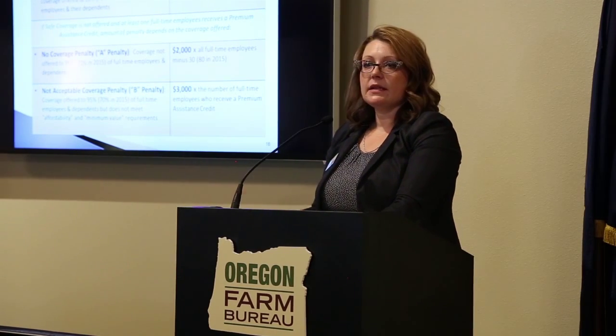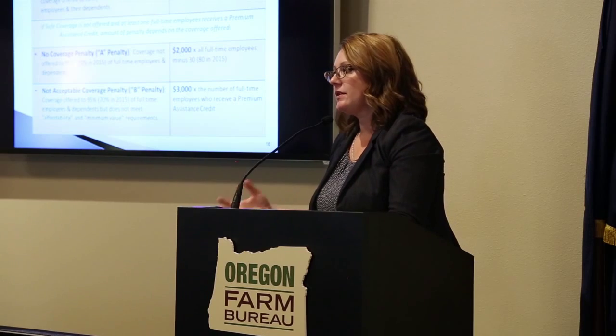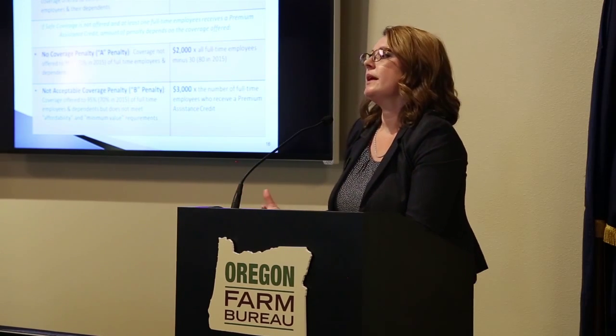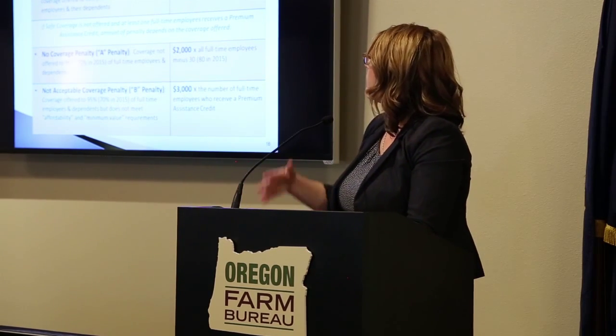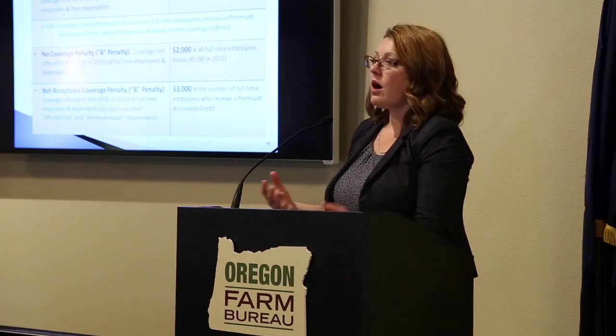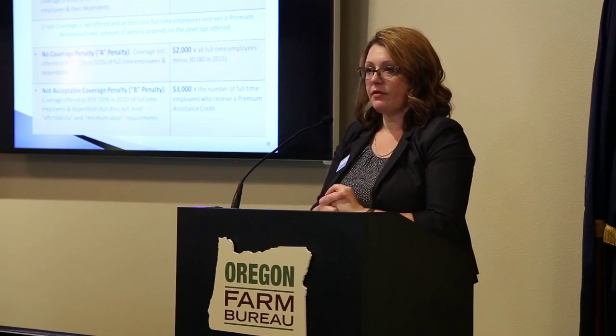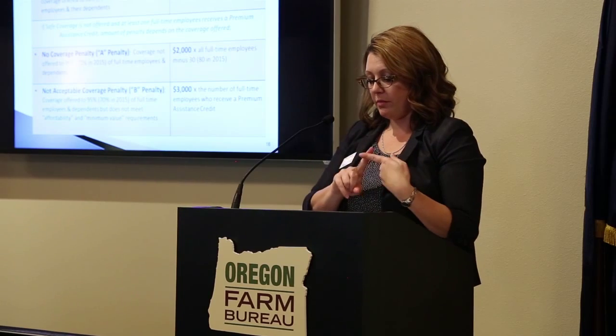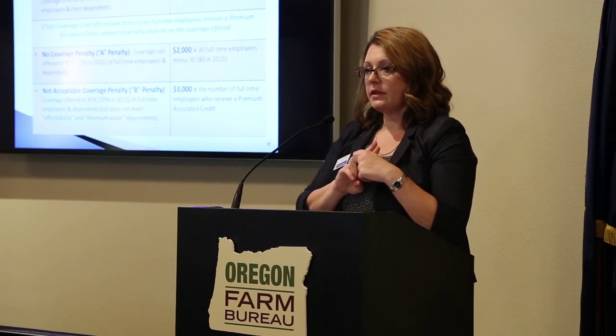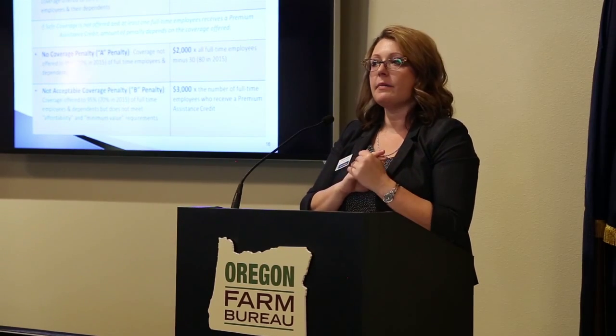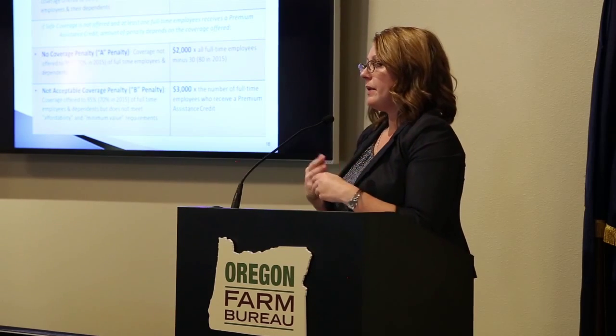So this is just kind of a summary of the penalties. We're not going to go through this too much, but if you're a large employer and you offer what I call safe coverage that's affordable and meets minimum value to 95% of your full-time employees, you will not pay a penalty.